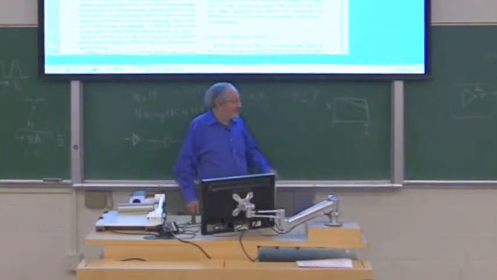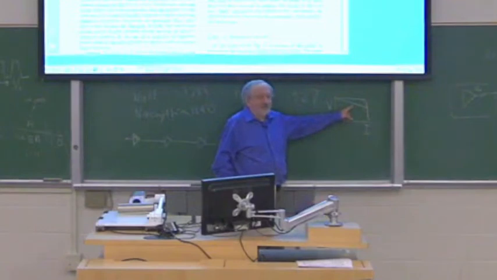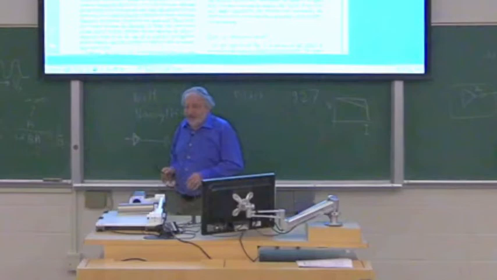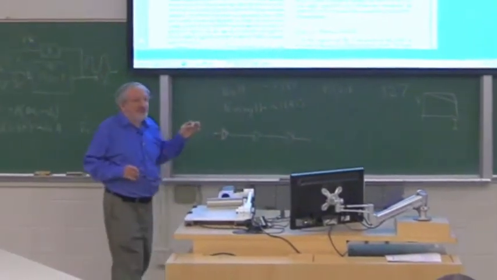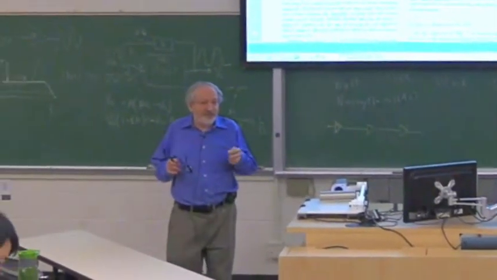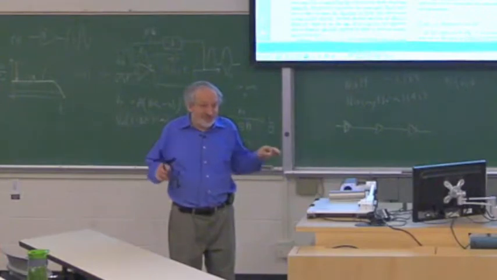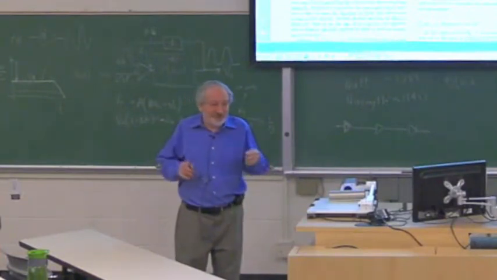So the tilting graph is something with no feedback. The flat one is something with feedback, like a regulated power supply. Is that clear? Again, if anything here is not 100% clear, you really lack the background for this course, and you wouldn't be able to understand anything in it. So you have to catch up on your own.